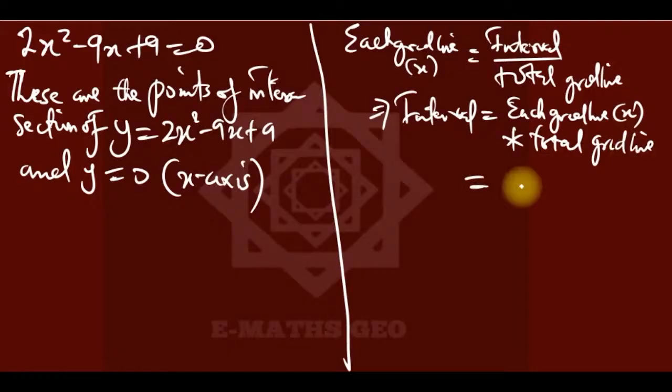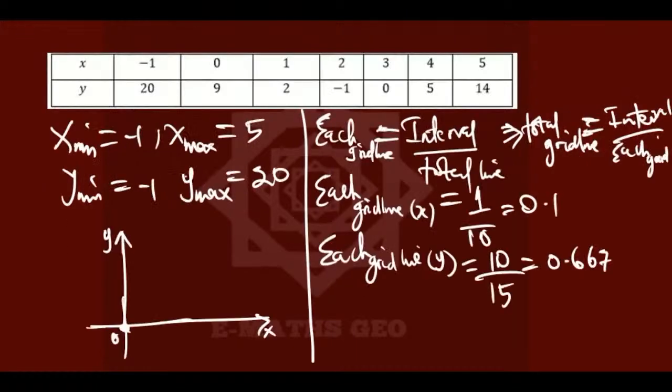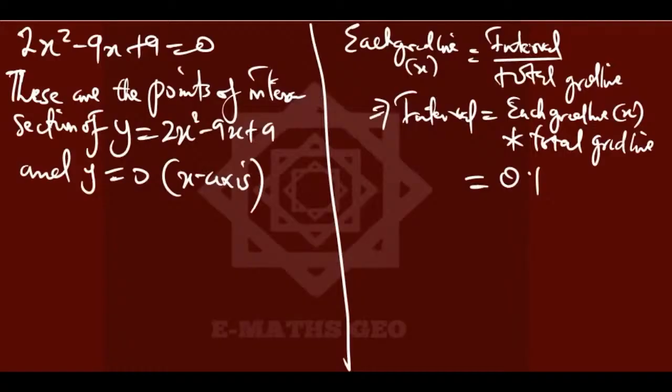Each of these on the x-axis is 0.1. We've calculated it as 0.1. So times the total grid lines, we counted 13.5.